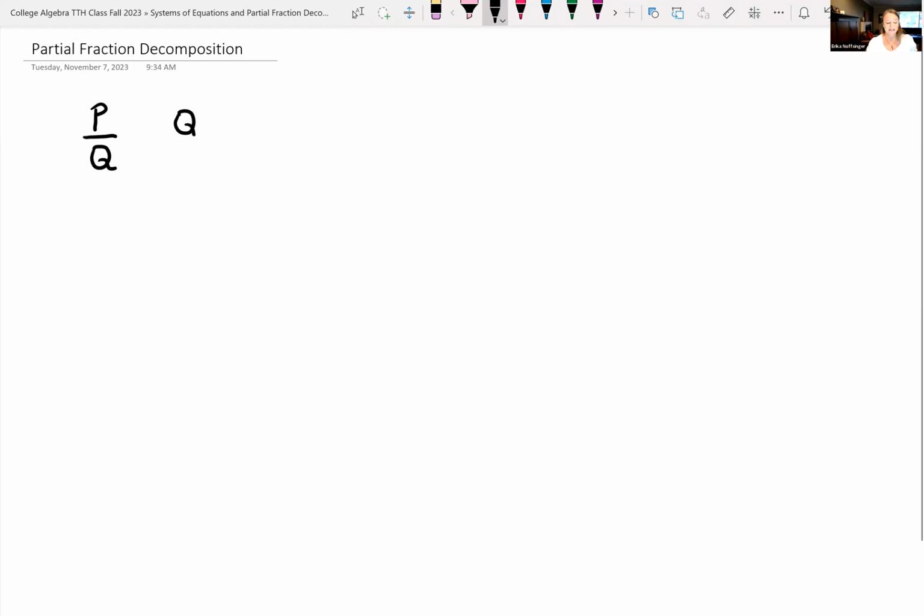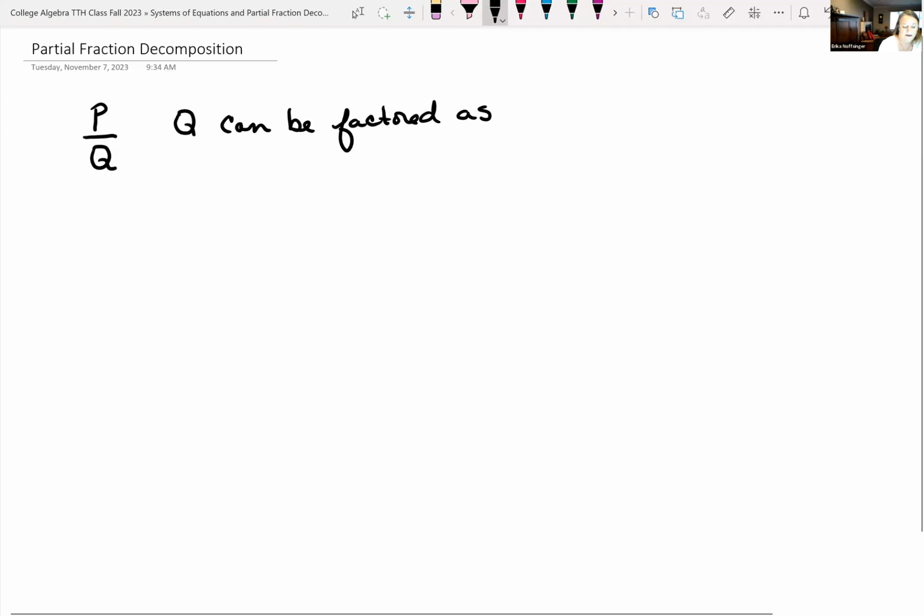So let's say in this case, q can be factored as a product of non-repeating linear factors.